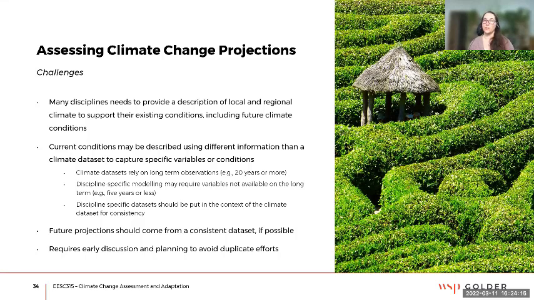So one of the ways to get around that is, again, to provide that justification for the fit for purpose for the air quality modeling, but also to put the information in the context of what's been said in the climate data set. And again, that's discussion with other disciplines and just making sure everybody's going the same direction. Future projections should come from a consistent data set if possible across all disciplines. And this, again, requires early discussion and planning to avoid duplicate efforts.